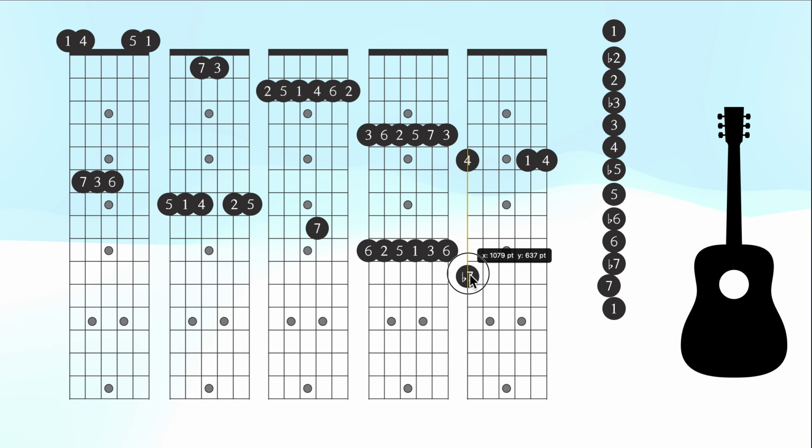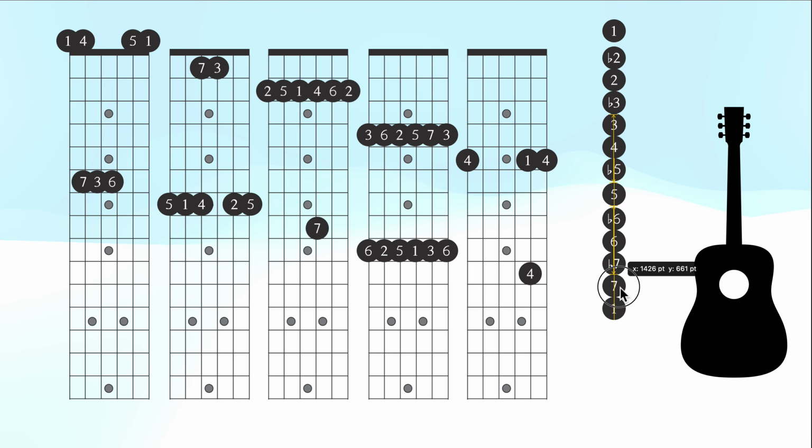Flatted 7, flatted 3, flatted 6, flatted 2, flatted 5, makes this the 4, and then flatted 7 again. So once again, we only have one note right here.